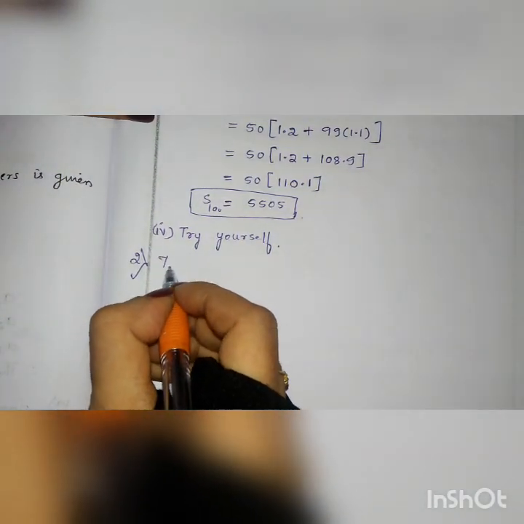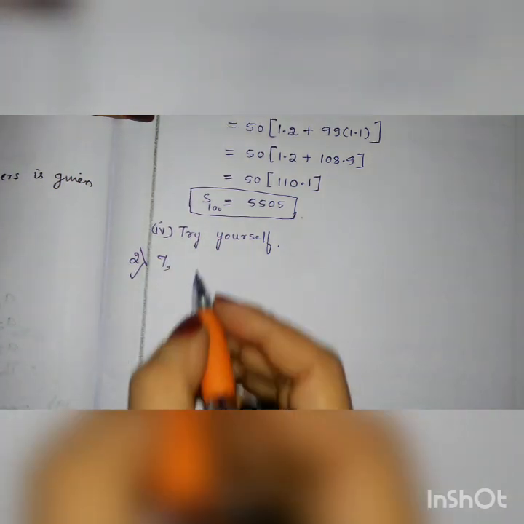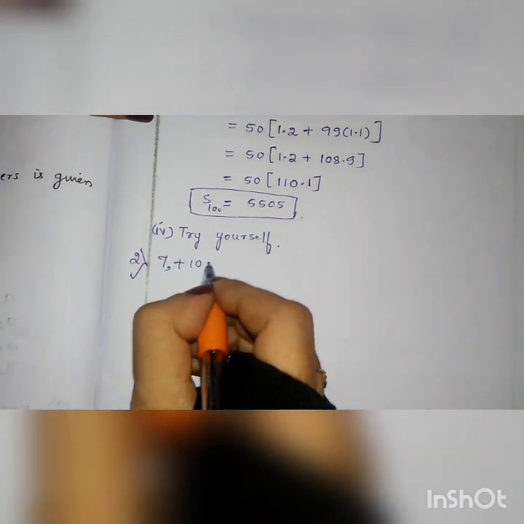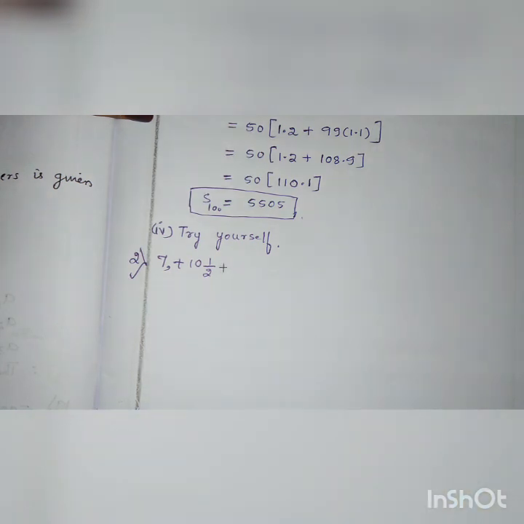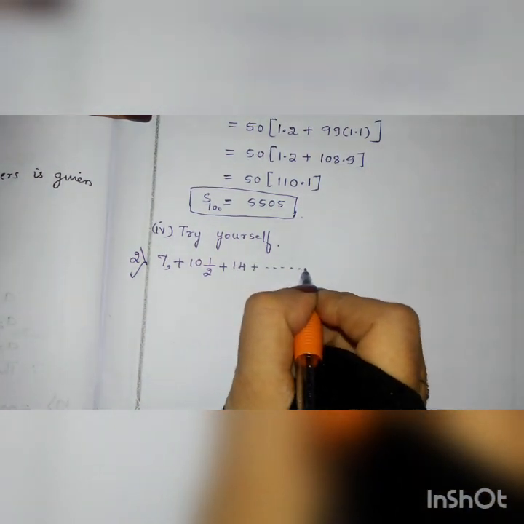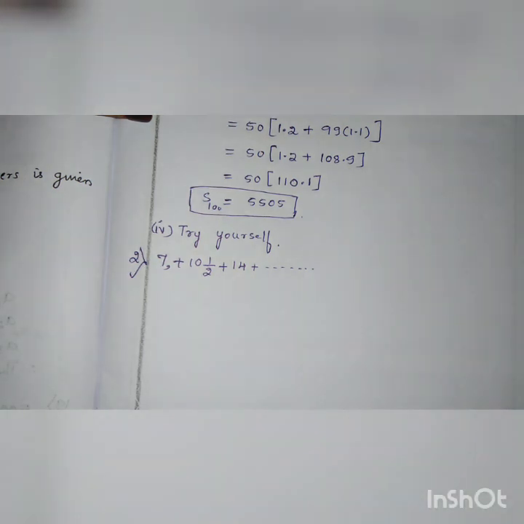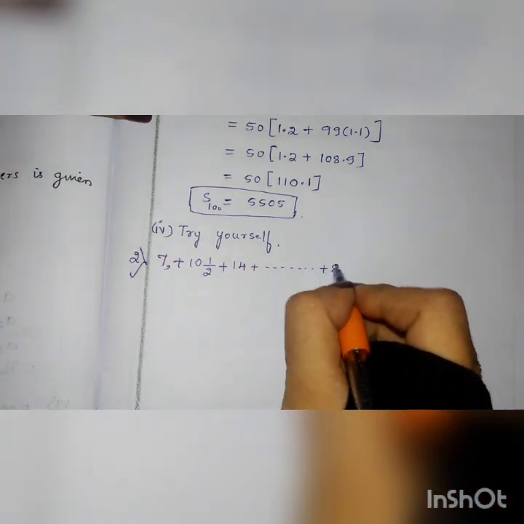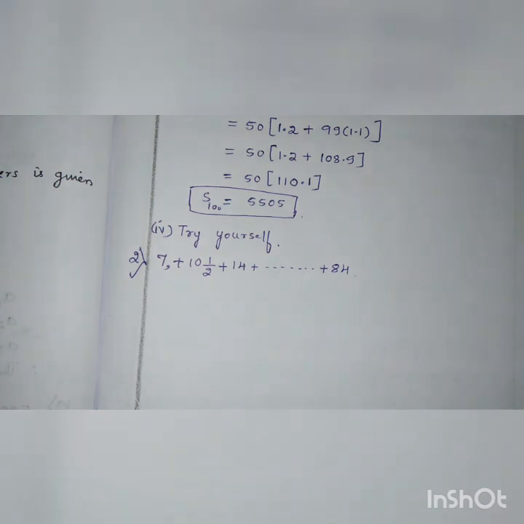They have given the question: 7 plus 10 1 by 2 plus 14 plus dots plus 84. Okay, this is the question. Now here we have to find the sum.